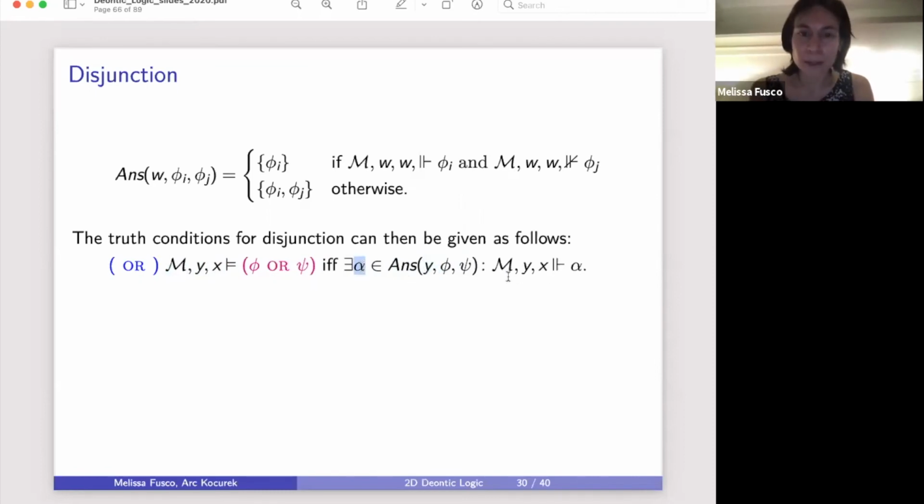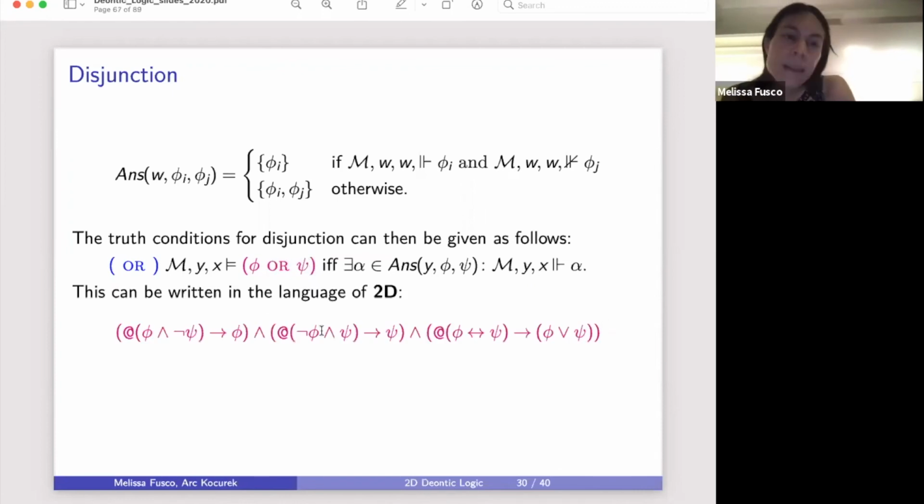This is quantification over sentences where alpha is true at M, y, x. So even inside modal operators, this is going to look for the actually true answer, even if we shifted away from the actual world under the modal operator. What's the actually true answer to the disjunctive question P or Q? That's a fancy way of writing a two-dimensional disjunction, like the whether P or Q in 6, but it can be written in the basic language of 2D.